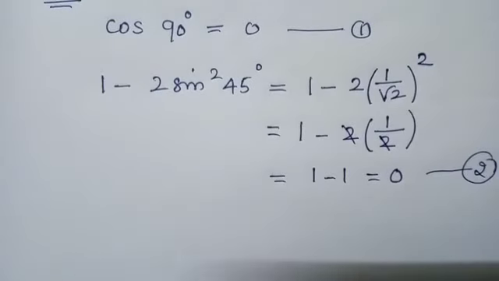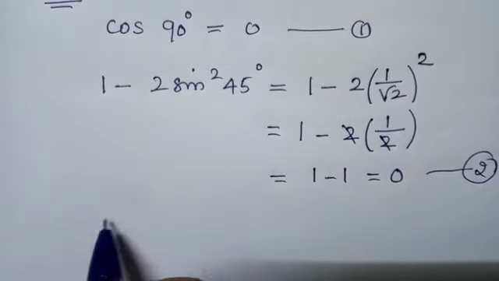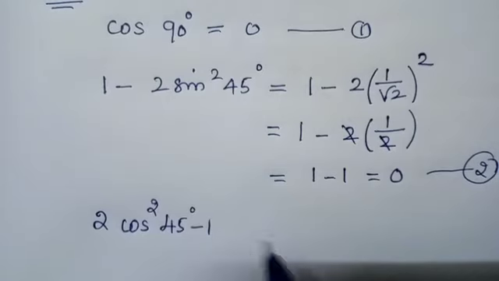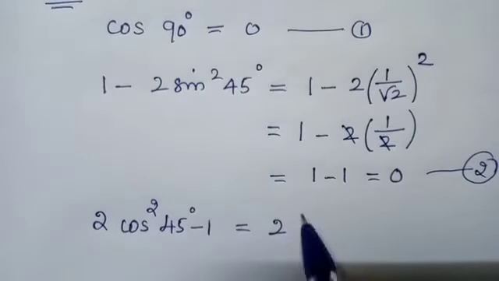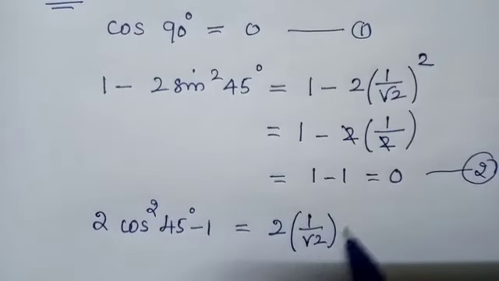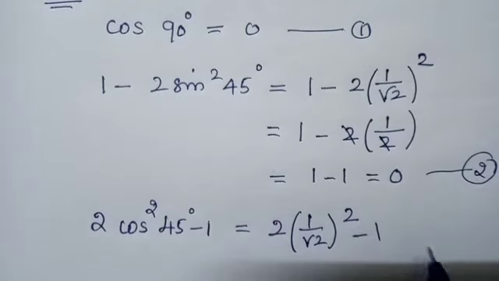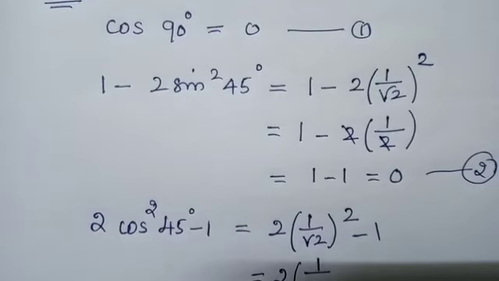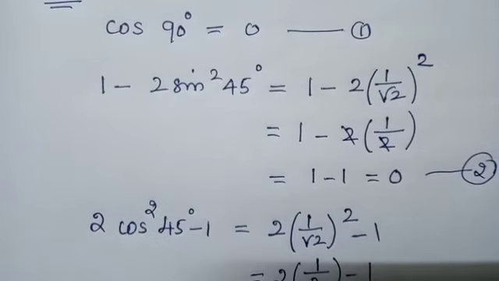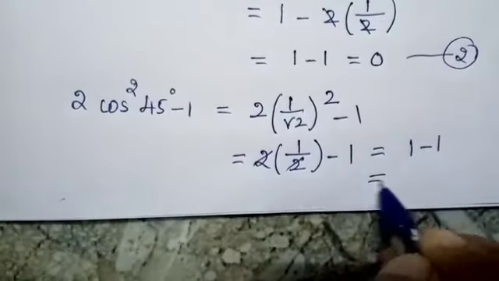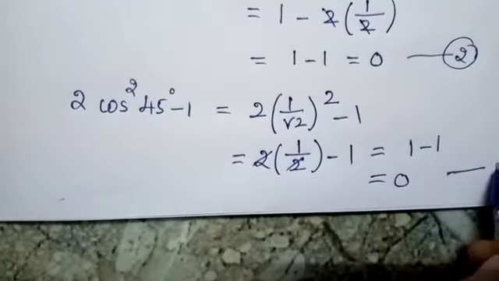The second equation. Then the third part: 2 cos square 45 minus 1, which is equal to 2 into cos 45 value 1 by root 2 the whole square minus 1, which is equal to 2 into 1 square is 1, root 2 square is 2, minus 1. Cancel 2 and 2, remaining 1 minus 1 equal to 0. Write it as 3.